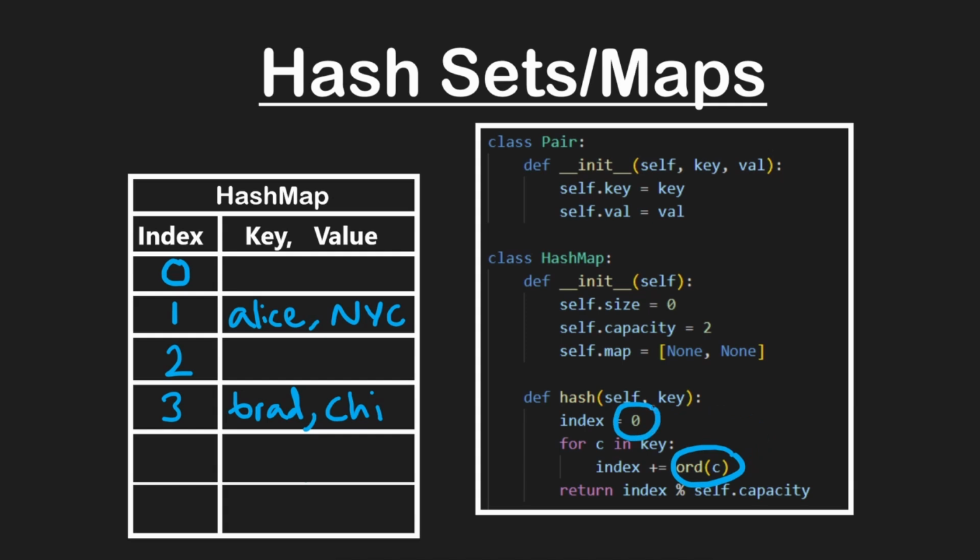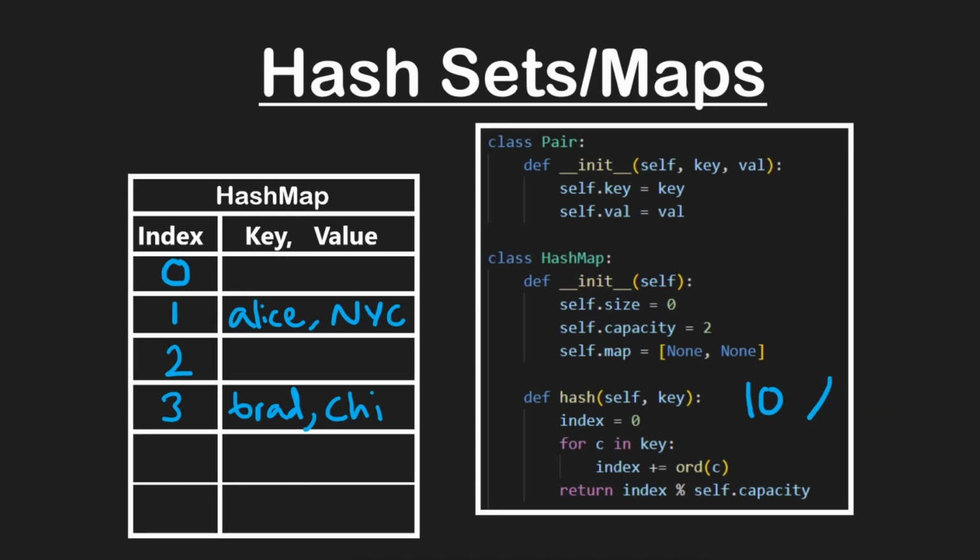So initially our index is going to be 0. We're just going to keep adding that integer to our index. We could have some really big integer. It could be out of bounds of our capacity. So what we're going to do before we return is mod it by the capacity. So if our index ended up being something like 10, we would mod it by our capacity, which is 2, we would get 0.